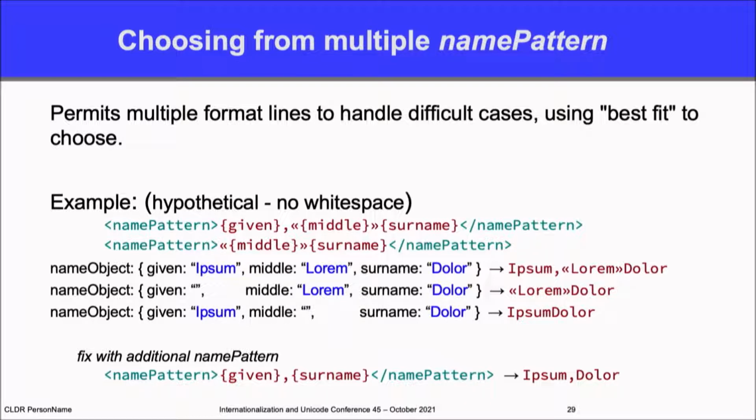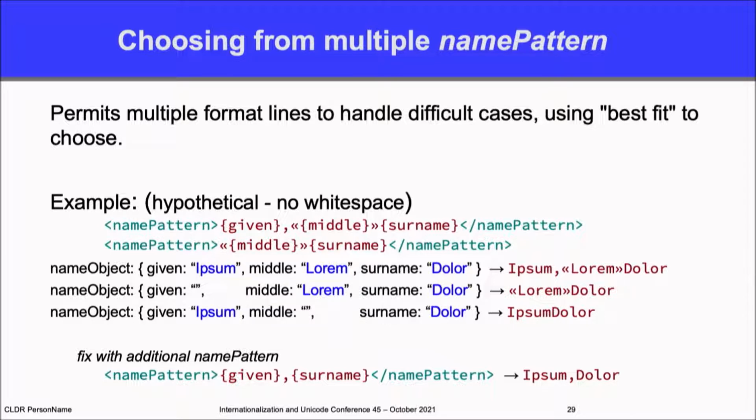And if I have only the given and the surname, then it will probably choose the first one, which is then going to drop all the punctuation up to the next white space or element, then combine them and smash them together, and you go, oops, that's not what I want.